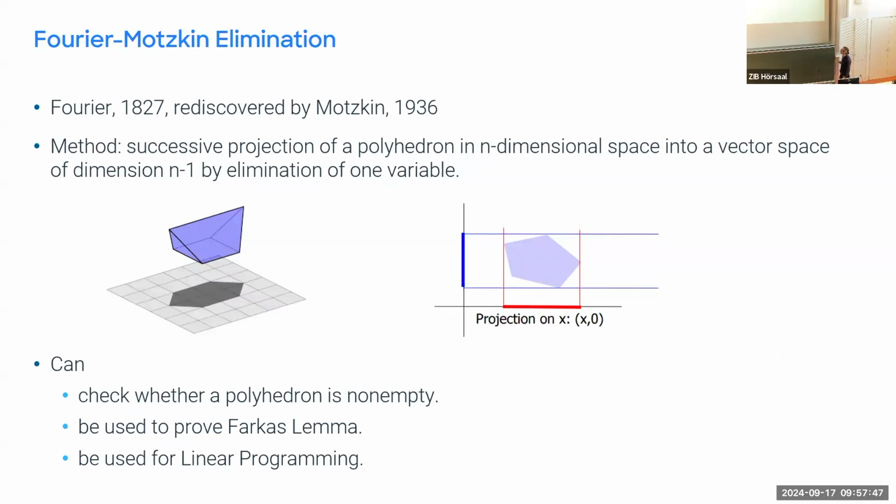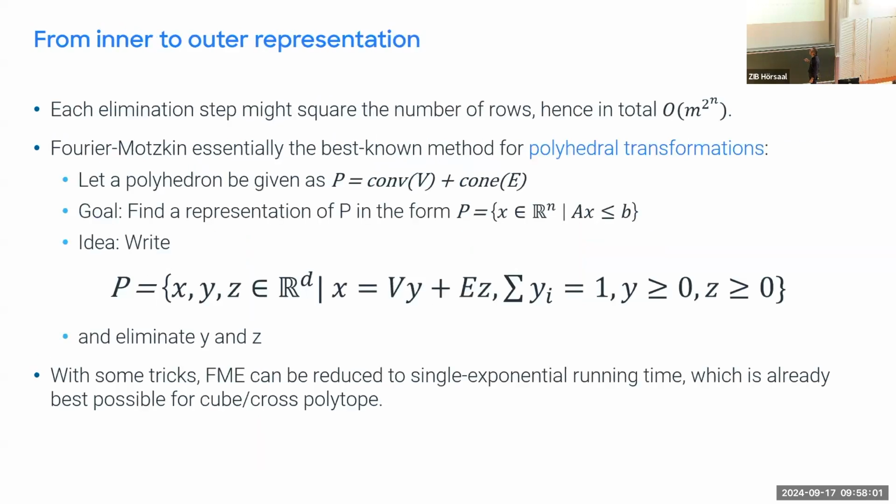In theory, it can also be used, for instance, to prove the Farkas lemma. It can also be used, or say maybe abused, for solving a linear program, and to check whether a polyhedron is empty.